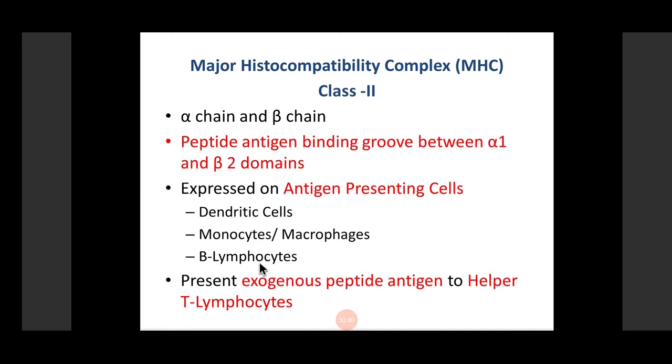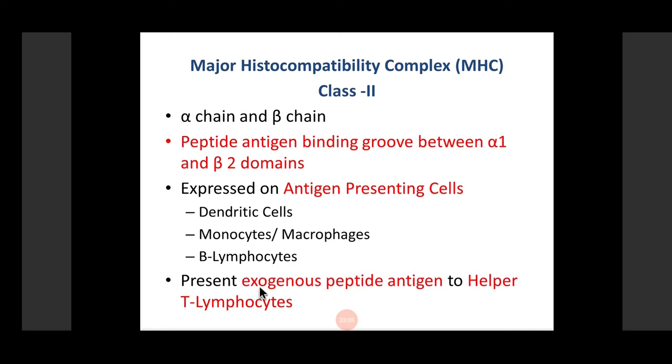The main antigen presenting cells that you need to remember, again this is a question that you get in your exams: dendritic cells are the most efficient antigen presenting cells. And then we have monocytes, macrophages, and also the lymphocytes function as antigen presenting cells. These antigen presenting cells eat up the pathogen which is causing the infection, break down the protein of that pathogen, and then present it along with MHC class 2.